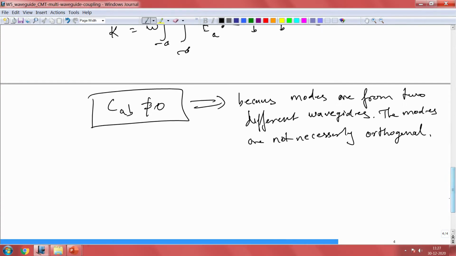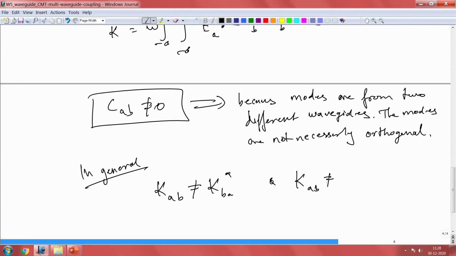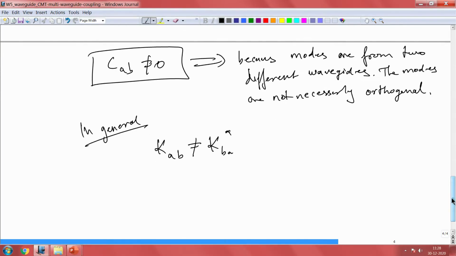So, in general, your kappa_AB is not equal to kappa_BA star. A and B are from two different waveguides, so coupling from A to B and coupling from B to A need not be the same.